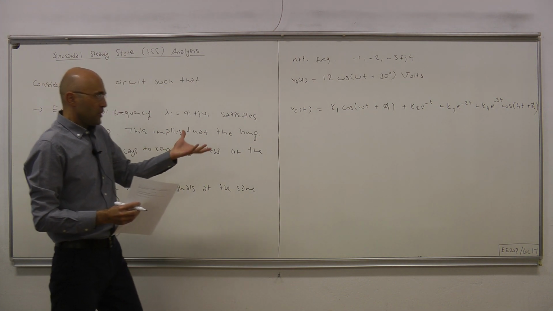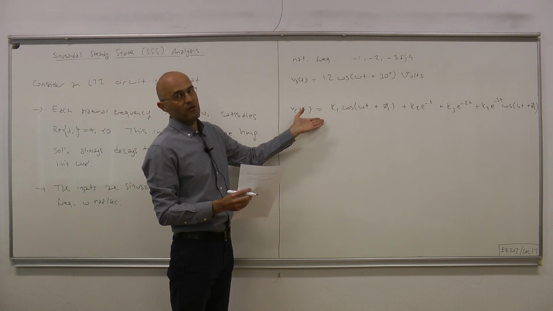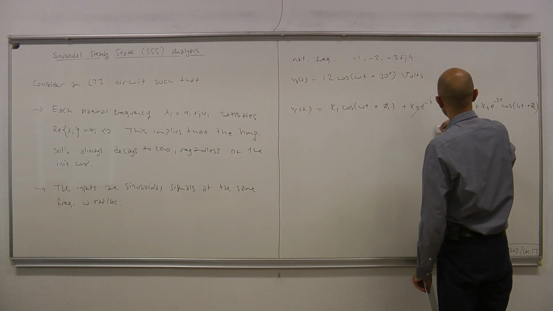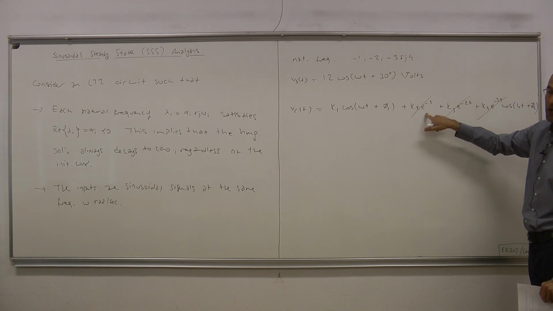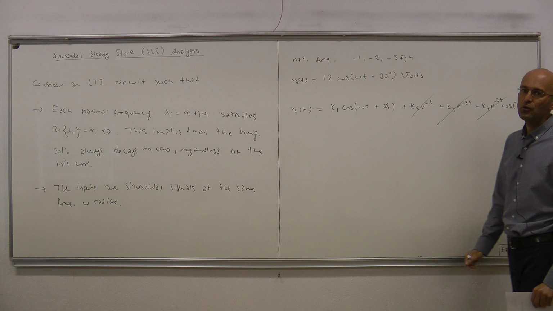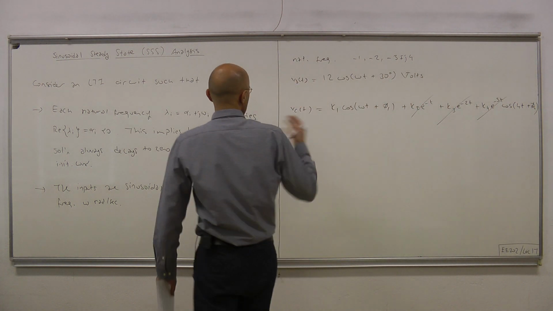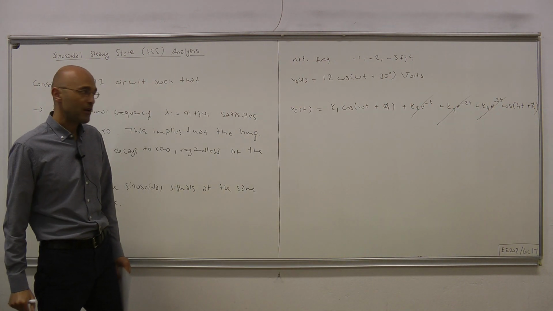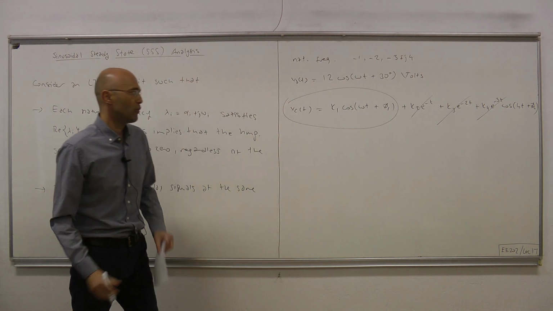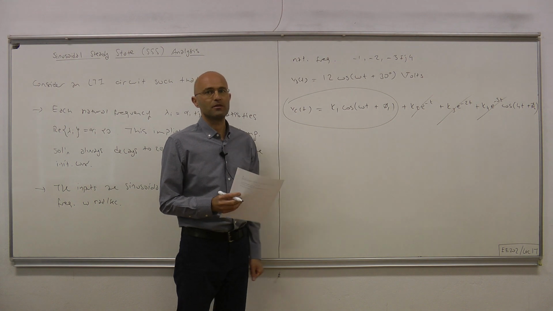Now, it's clear from this expression that as time goes on, we have e to the minus t, e to the minus 2t, and e to the minus 3t, they will all decay to 0. And after a while, in fact very quickly, Vc, the capacitor voltage, will converge to the particular solution.